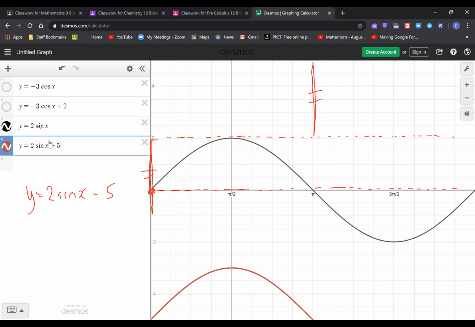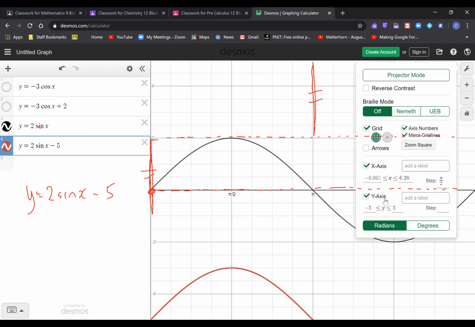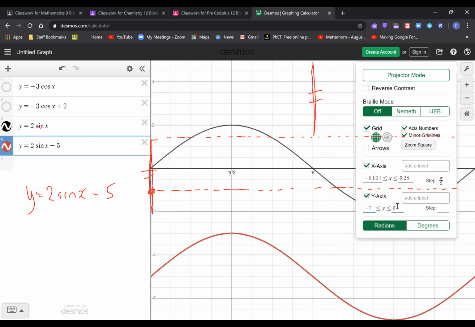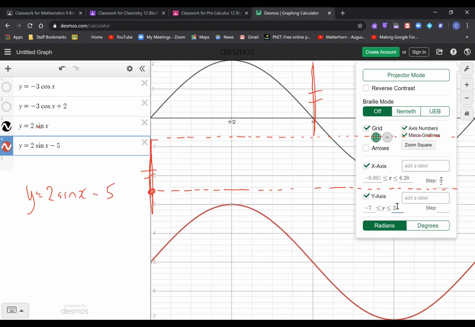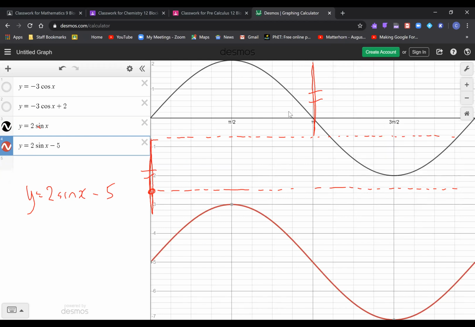Once again, it's hard to see that, so you might need to readjust your screen, or if you were doing this on your own. So we'd say, well, instead of -5, let's go to -7, and we'll keep this at maybe 2. There we go. So we can see the black graph is the original graph, and the red graph is the transformed graph. And we can see that it's moved down 5. And once again, where is the midline here?